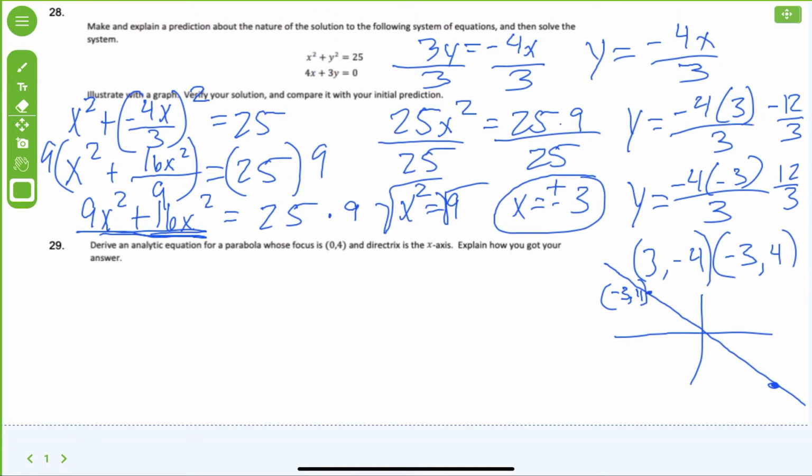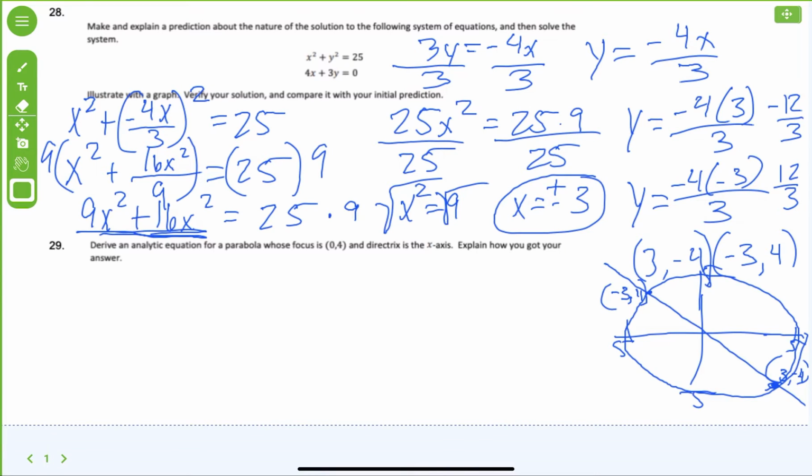This is 3, negative 4. Okay, so that means my circle, because this is going to be 5, this will be 5. My circle is basically going to go through that as well, negative 5 and positive 5. If you were to graph that, that's what it would look like.